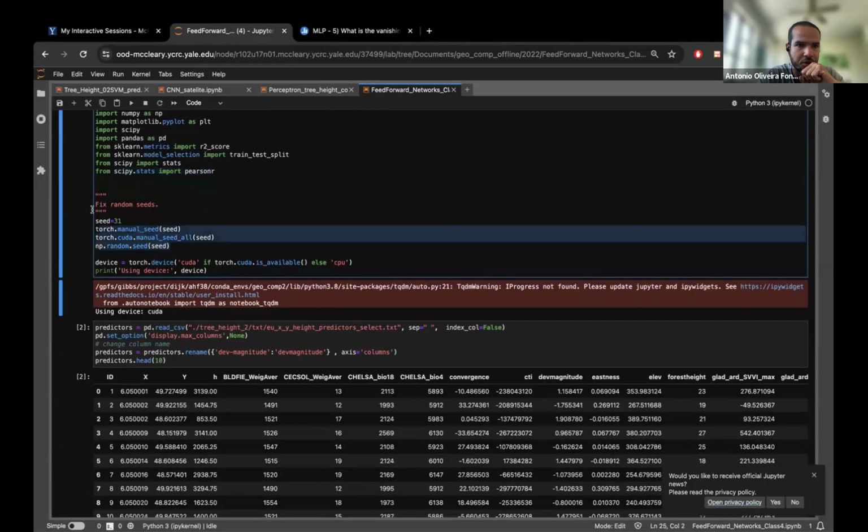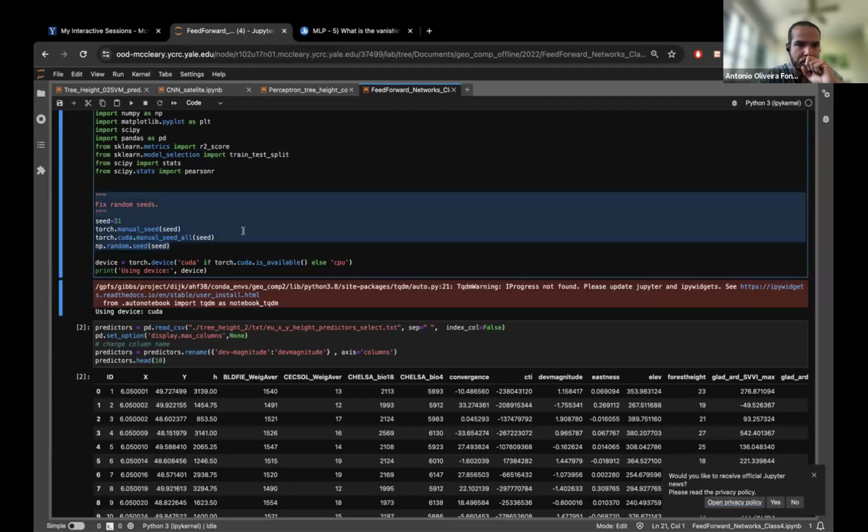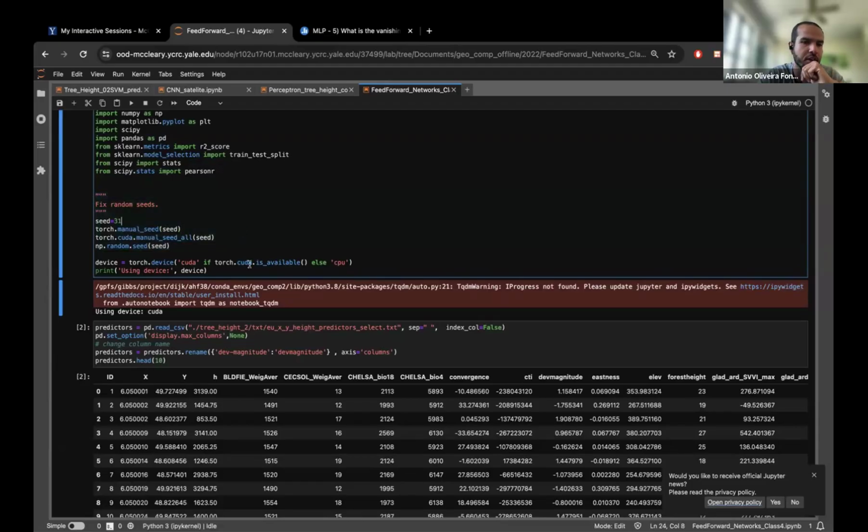Here I'm doing one thing that perhaps I haven't done before, which is to set the seed. Because of the initialization of weights, and also the split of the data, usually you have this one random seed that essentially controls how random the initialization of things truly is, because we are sampling from a uniform distribution. So we are just following a distribution, but these values could be different every time.